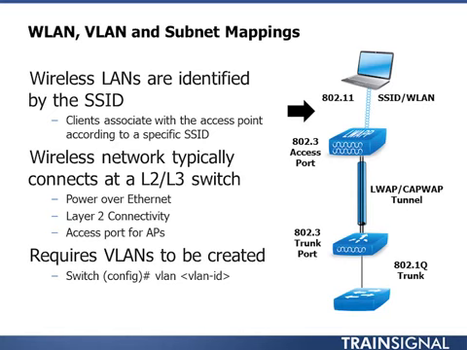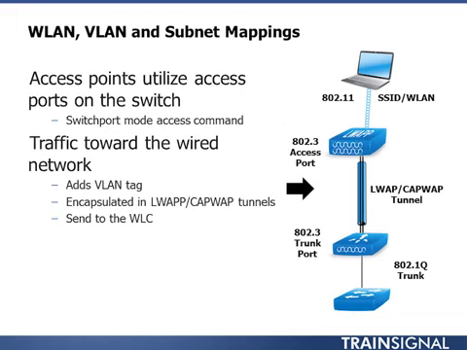So from a configuration perspective, when you're attaching a lightweight access point to a port, the only thing we have to worry about is configuring that port to be in access mode and defining a unique VLAN.